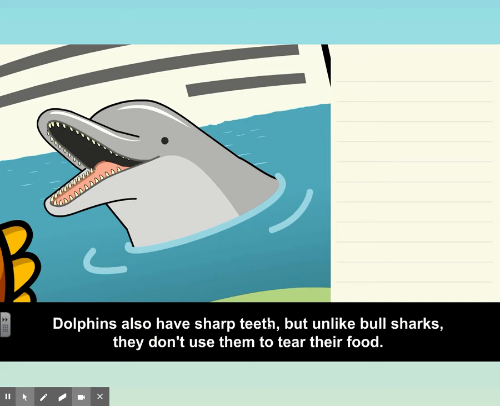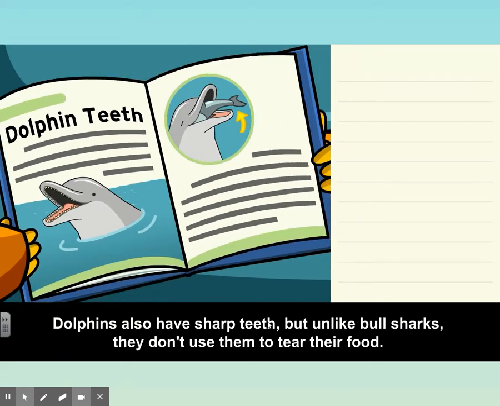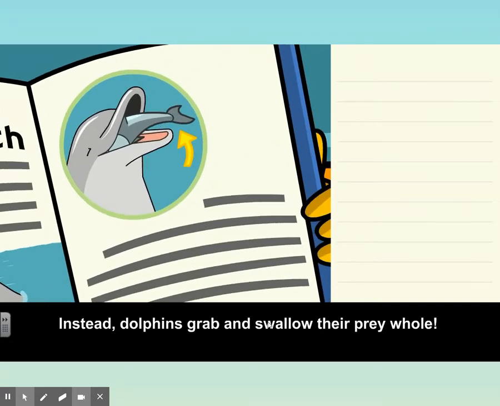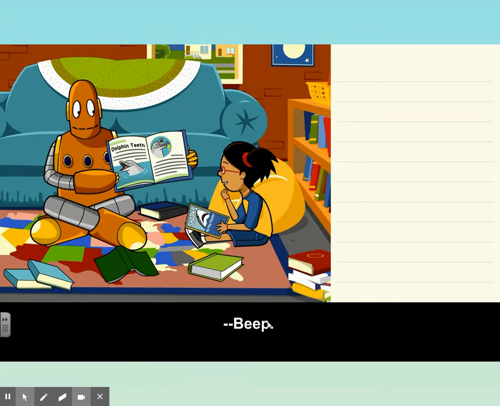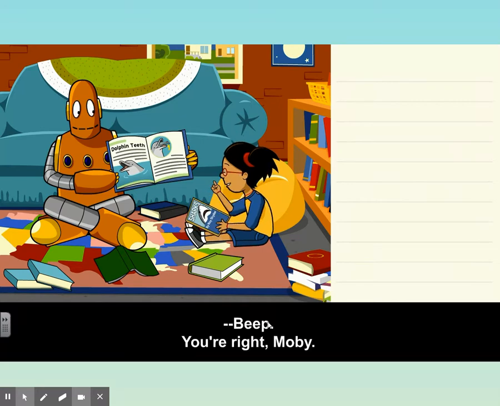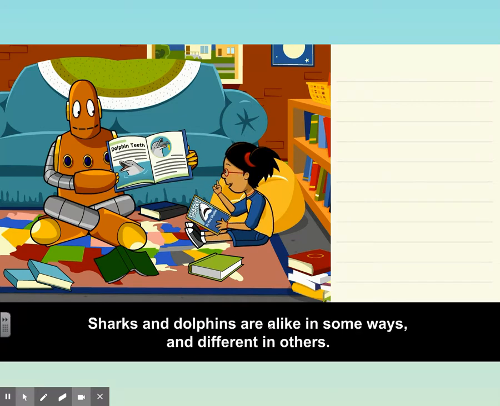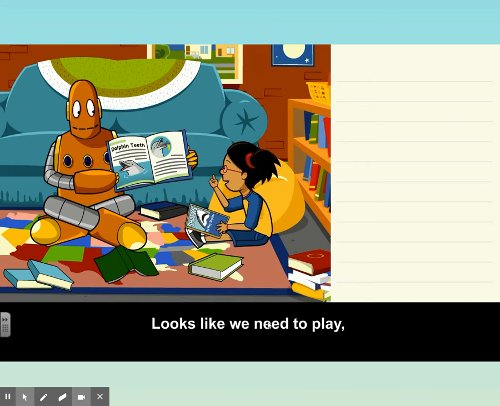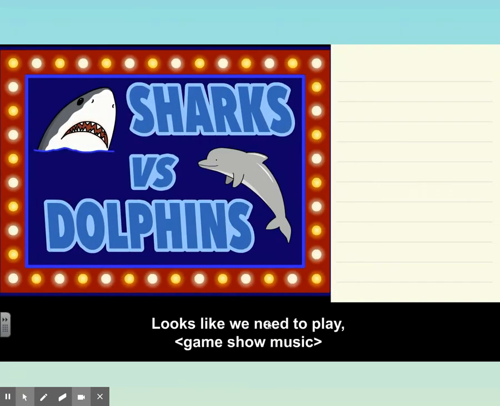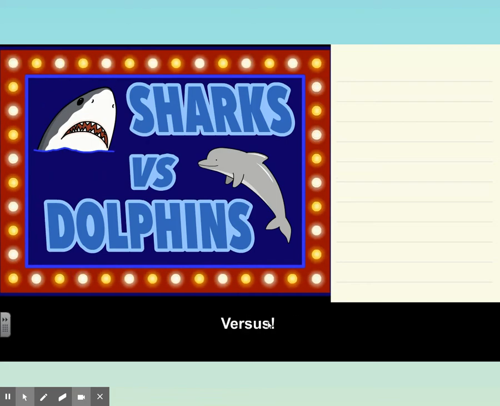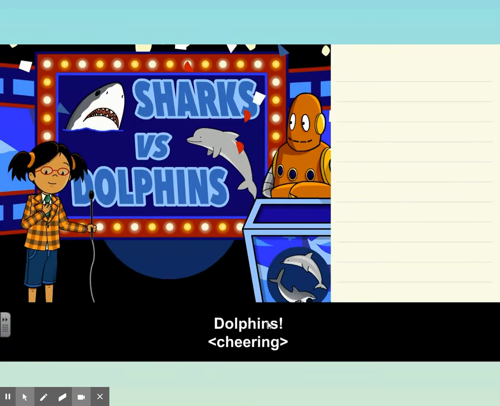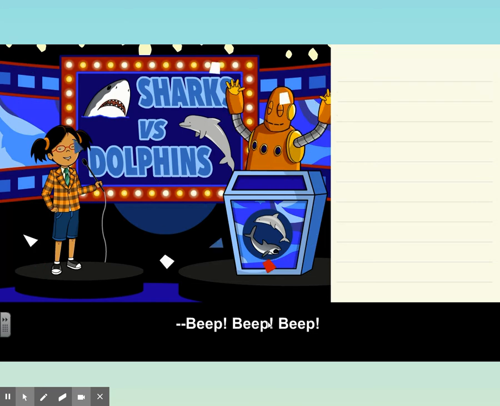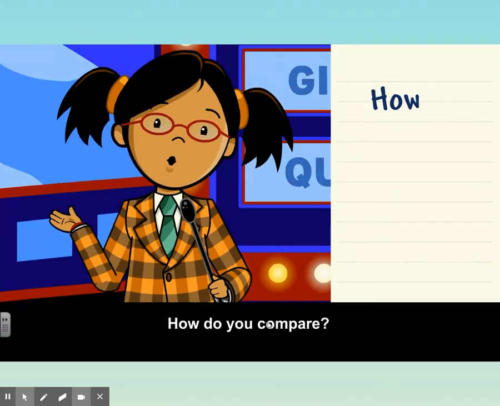Dolphins also have sharp teeth, but unlike bull sharks, they don't use them to tear their food. Instead, dolphins grab and swallow their prey whole. You're right, Moby. Sharks and dolphins are alike in some ways, and different in others. Looks like we need to play Sharks versus Dolphins. How do you compare?